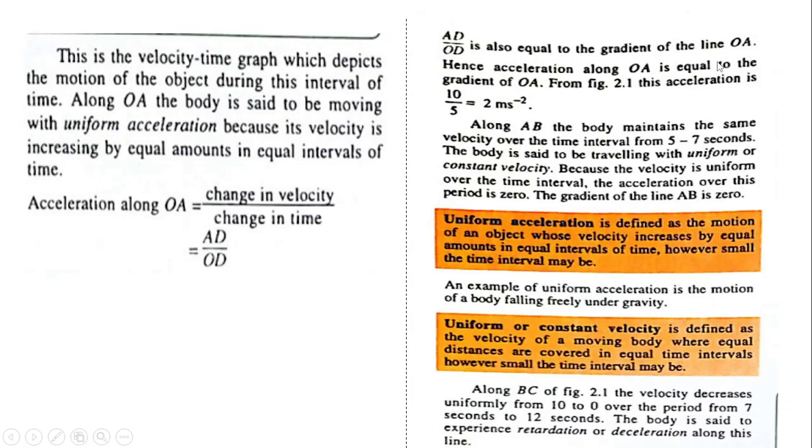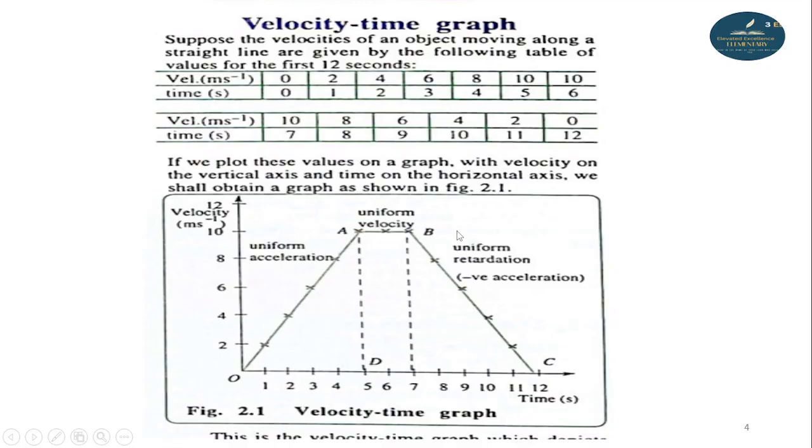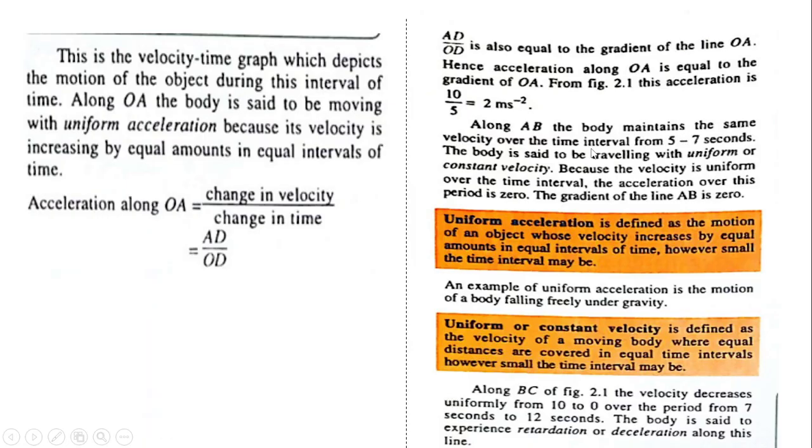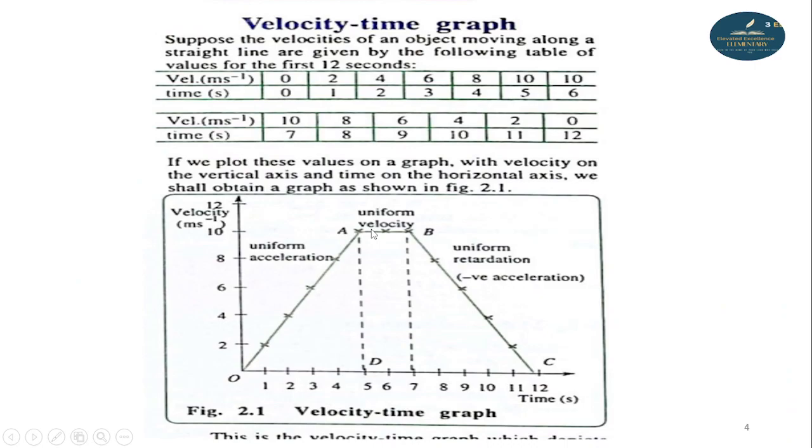Along AB here, the body maintains the same velocity over the time interval from 5 to 7 seconds, which implies that it is not accelerating. The velocity is not increasing.